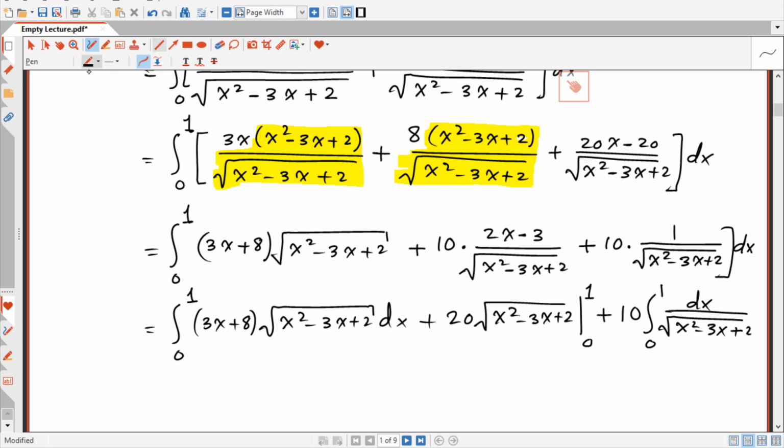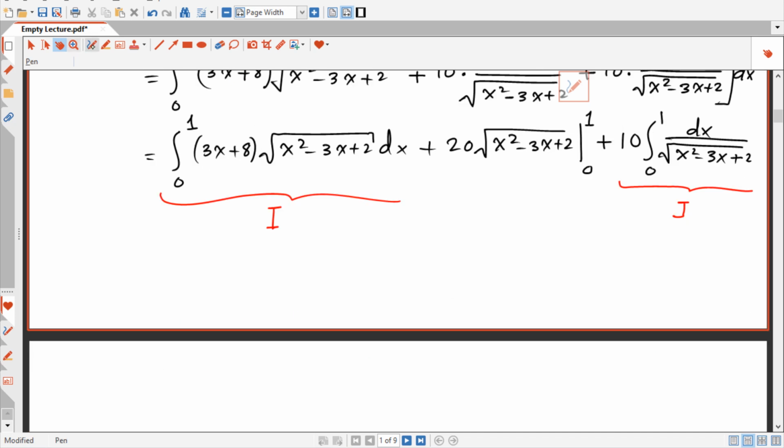So I will use the red color, I will call this first integral I and the last integral here J. So this is equal to I plus, if we substitute 1 here, 1 minus 3 plus 2, that's 0.